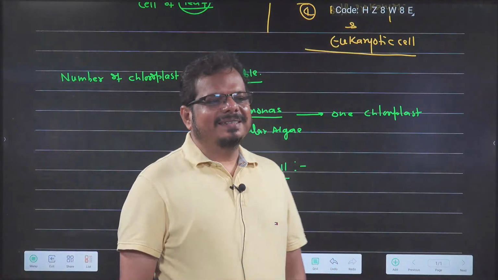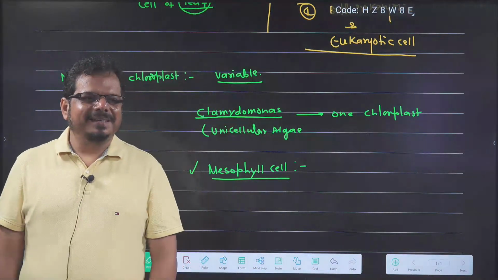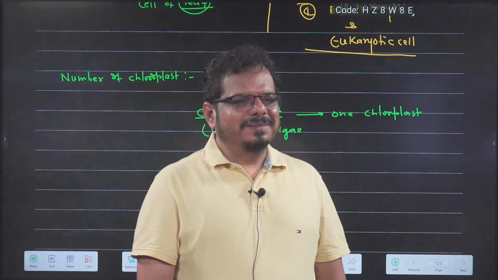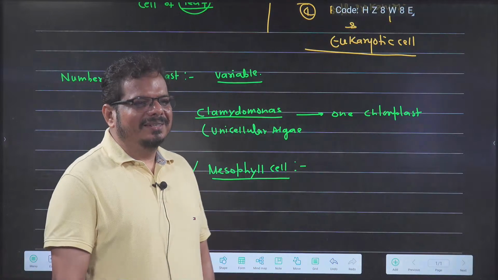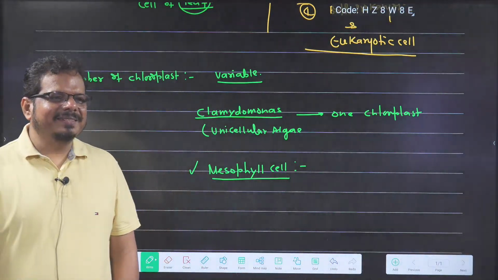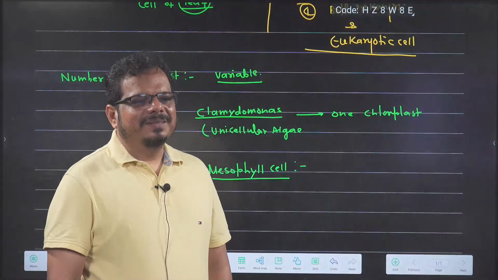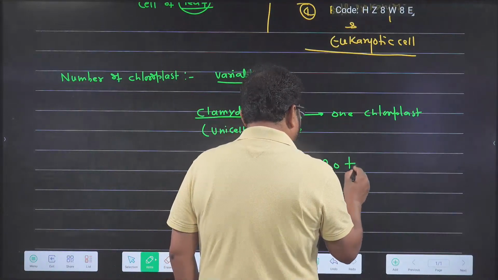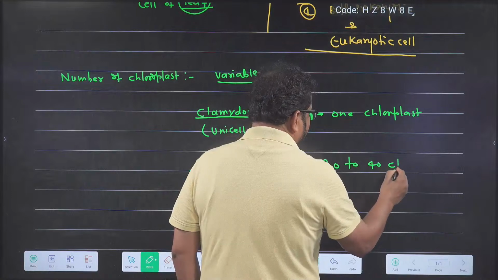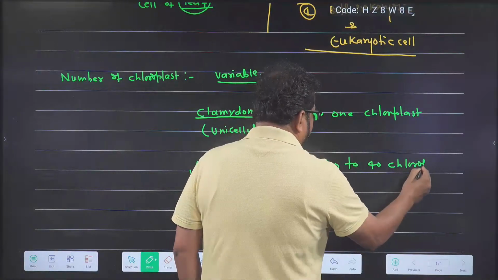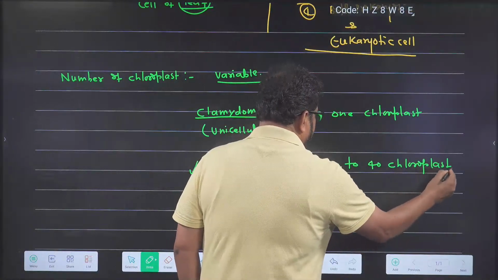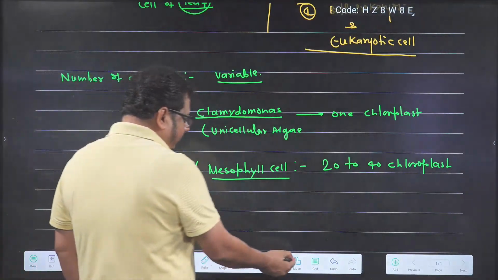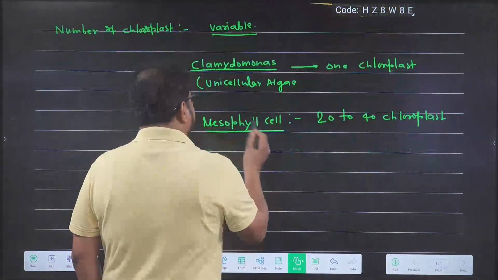So in the mesophyll cell, how many chloroplasts are there? Answer from the NCERT data, not Google. How many? 20 to 40. Well done. So 20 to 40 chloroplasts are there in the mesophyll cell. So these two data are given in your NCERT.